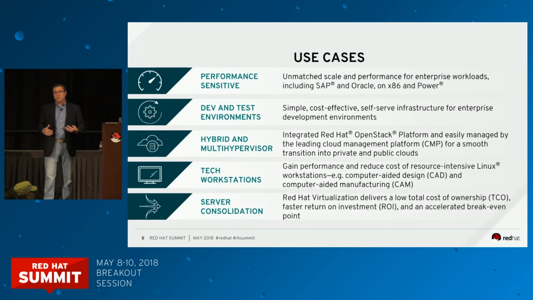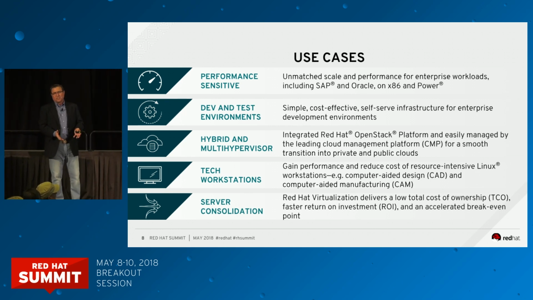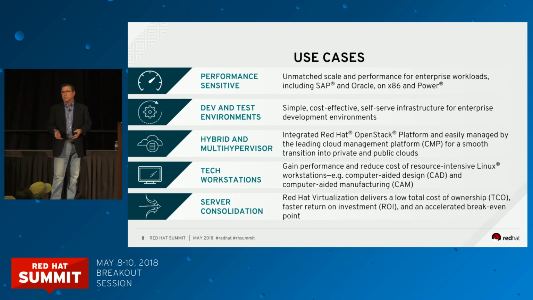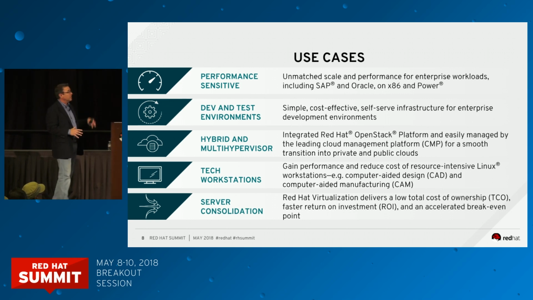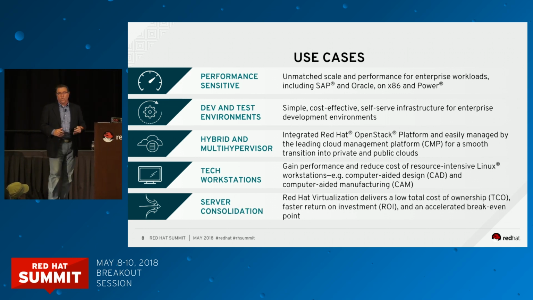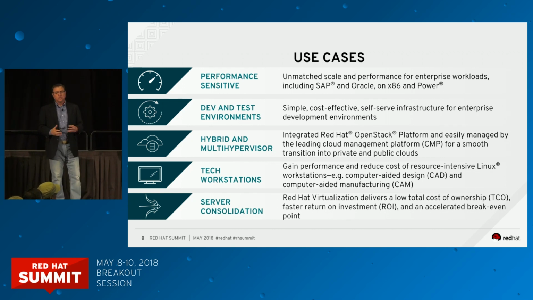So if you look at the use cases for Red Hat Virtualization, a lot of people say, well, I just want to consolidate some applications on one server. Well, there's so many things you can do once you get that one basic concept mastered. And if you look at performance for SAP, for Oracle, for other heavy-duty applications, Rev is perfect.